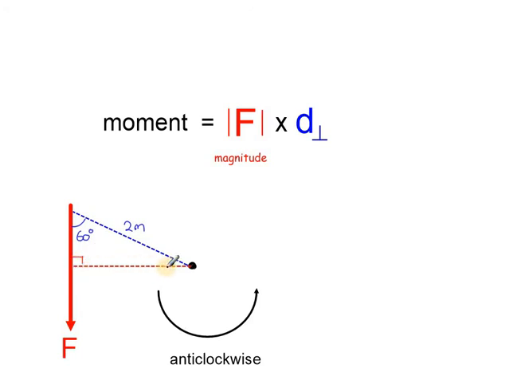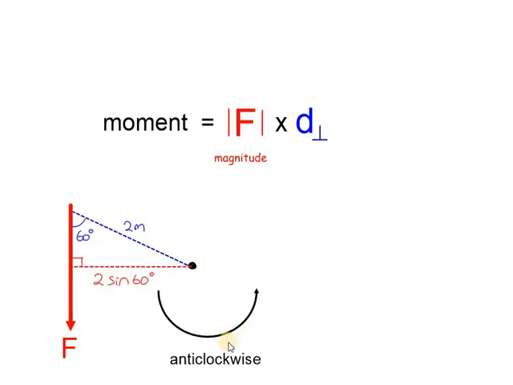So now this distance is the perpendicular distance, and given by trigonometry it's 2 sine 60 degrees, and we're using the sine function because we have the hypotenuse and we want the opposite side to the angle, so it's going to be the sine function.